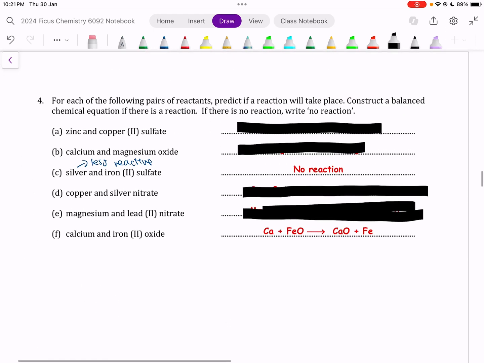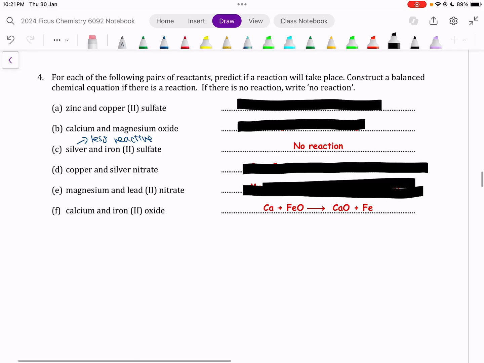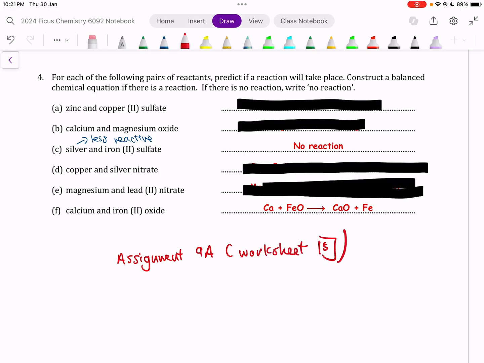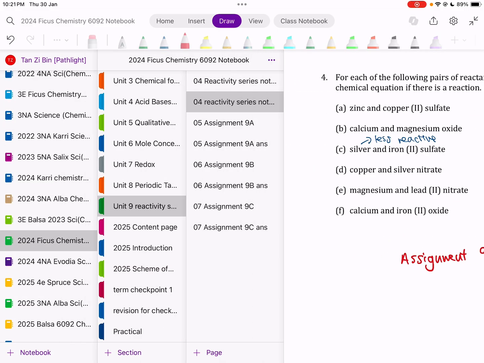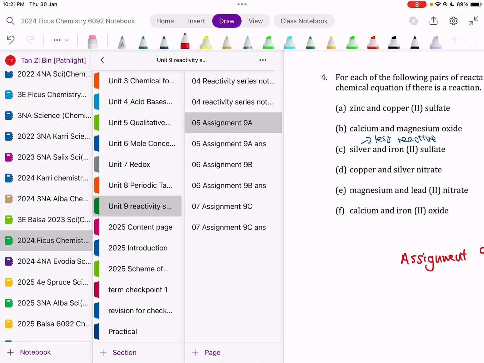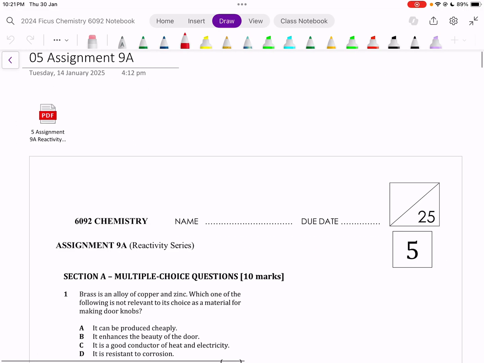Make sure you fill out until page 10. Then for your homework, it's actually assignment 9A. That is your worksheet 5, if I'm not wrong. Then update your content page as well. Write your name, then the due date.